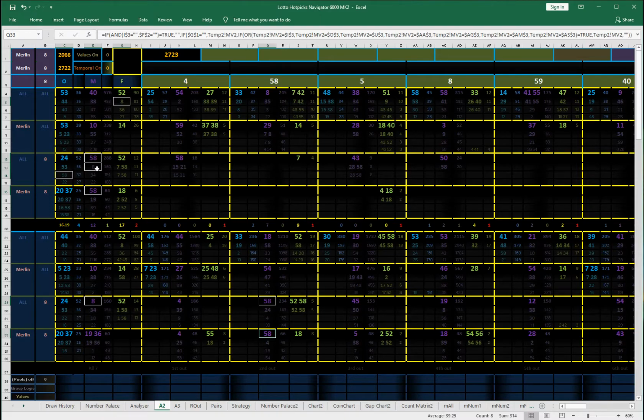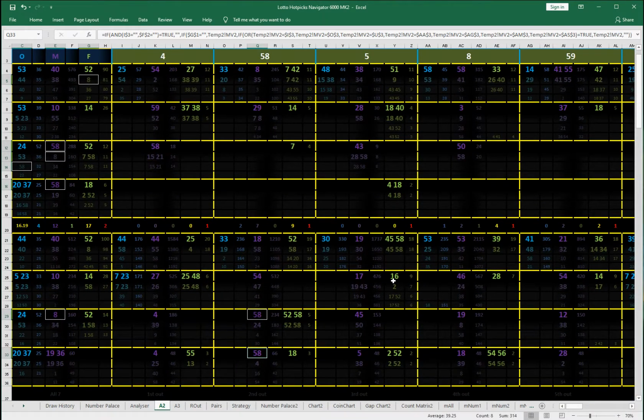So there's a good chance 58 could come out second based on the draw history, which is what I'm analysing. So this is all based on the draw history. And then number 8 has a good chance of coming out fourth, because this is where it stands out the most.